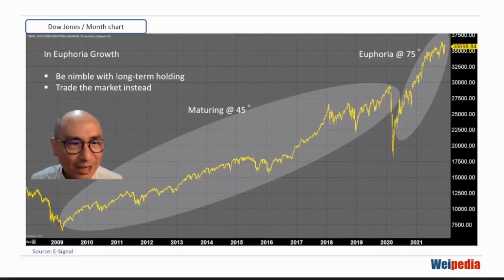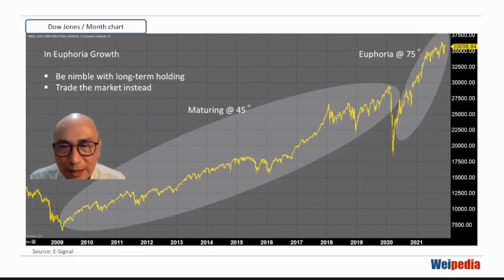If it is already euphoric, with my long-term holding position, I have to be very nimble. Nimble means that once the technical and fundamental coincide, telling me that the market is turning down, I have to be willing and ready to cash out partially or all of the investment holding that I have in particular stocks in the US or in the index as a whole.